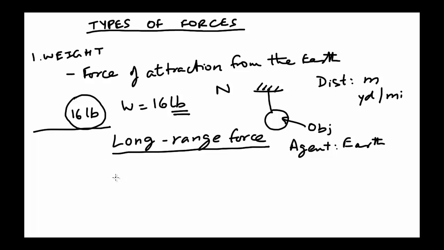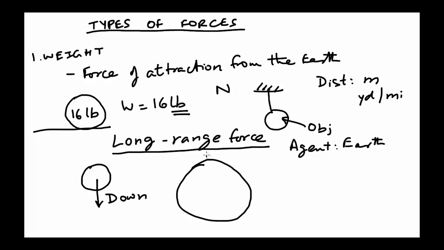So let's talk about the direction of weight. Weight always points straight down. But what does down mean? Well, if we zoom out, and let's say this is the earth, and let's say you are standing here in America, and somebody else is standing here in China.